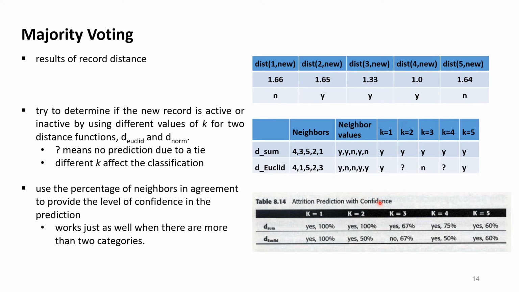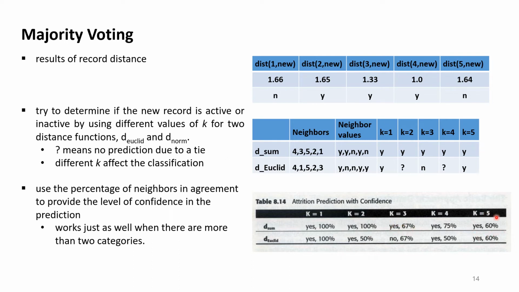Confidence is defined as the vote of your prediction divided by the total vote. Your prediction is y, so the vote of y is 2, divided by the total vote, which is 3. So 2 divided by 3 is 67%. That's how you compute this confidence.